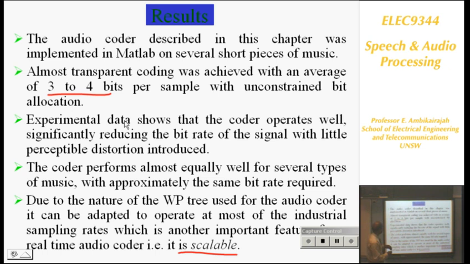This one uses only simultaneous masking, not temporal masking. If you use temporal masking, you will go to 2 bits per sample. And that basically is your wavelet packet-based audio coder, this one. This is your wavelet packet audio coder.